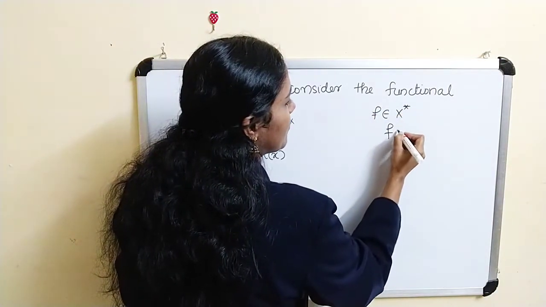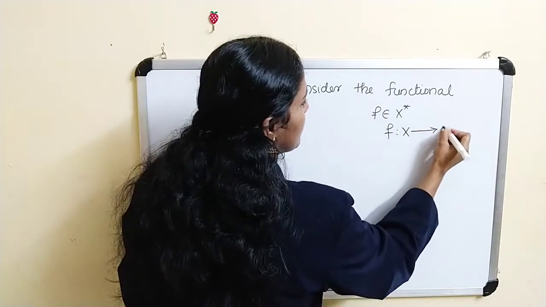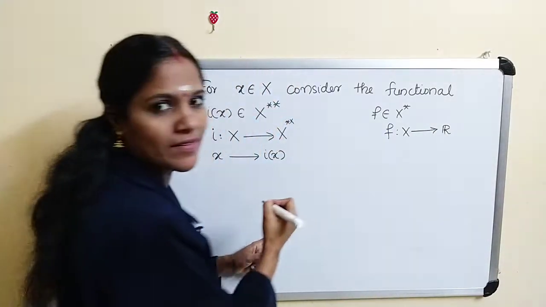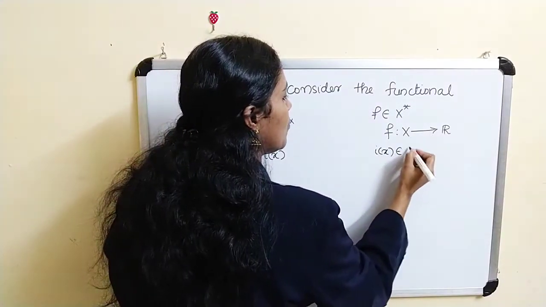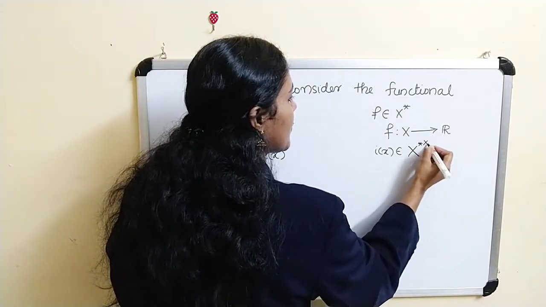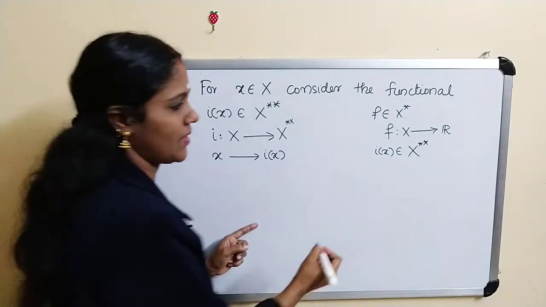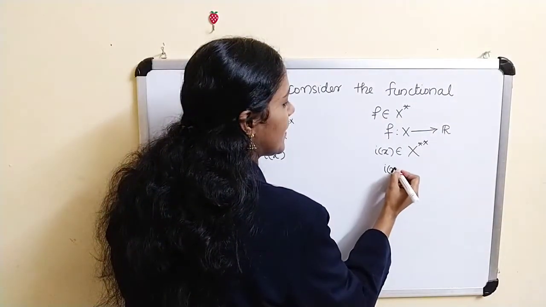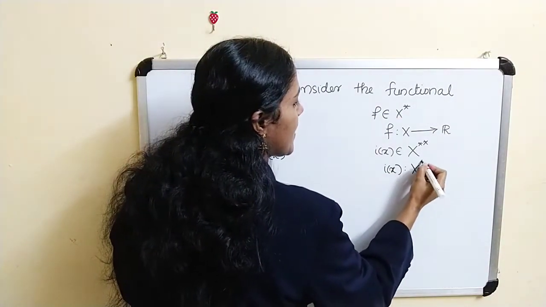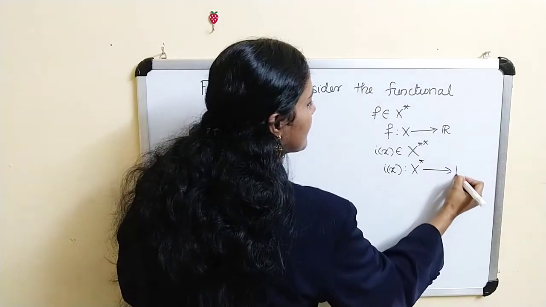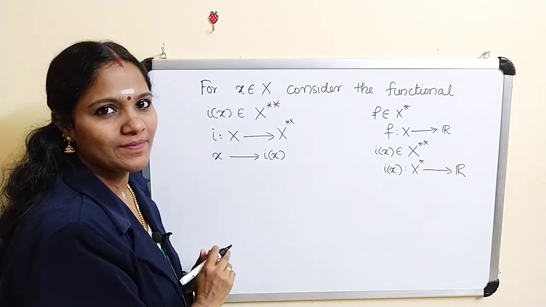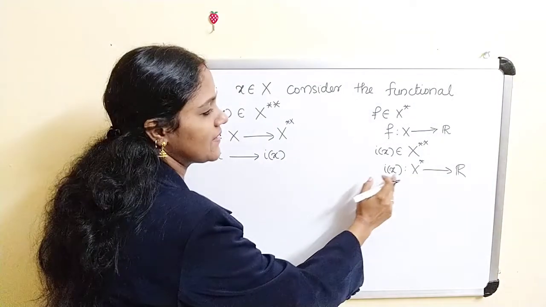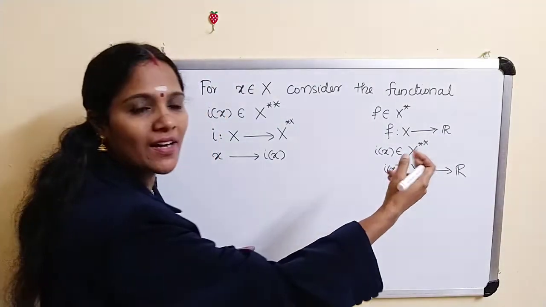F is a linear functional from X to R. Here we are taking R. So I of x belongs to X double star. What is the meaning of that? I of x is a function from X star to R. Clear?